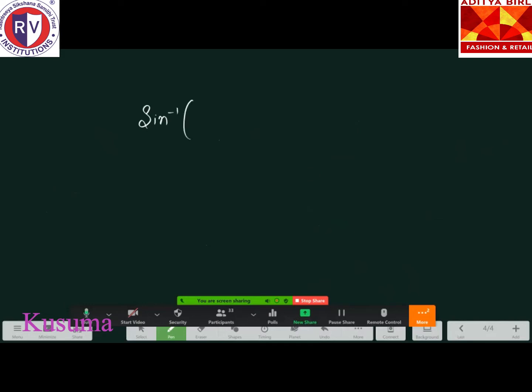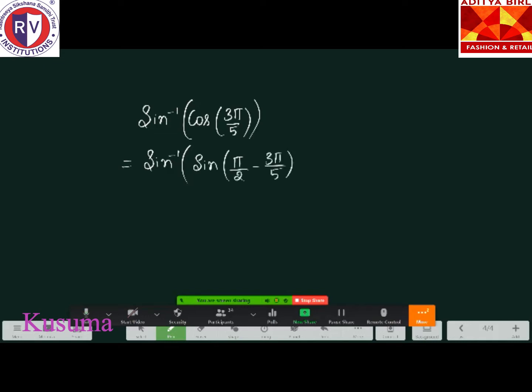So we have sine inverse of cos of 3 pi by 5, right? This can be written as sine inverse of sine of pi by 2 minus 3 pi by 5, because sine of pi by 2 minus theta is cos theta.